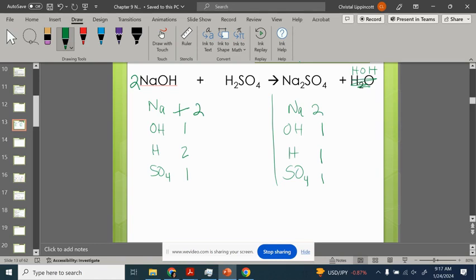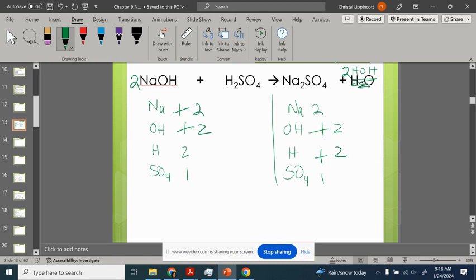That not only affects my sodium, it also affects my OH. So now I've got 2 of those. Okay. So I go back over here. I need 2 hydrogens and I need 2 OHs. What do? Yep, I'm going to put a 2 here, and that's going to take care of that guy and that guy.